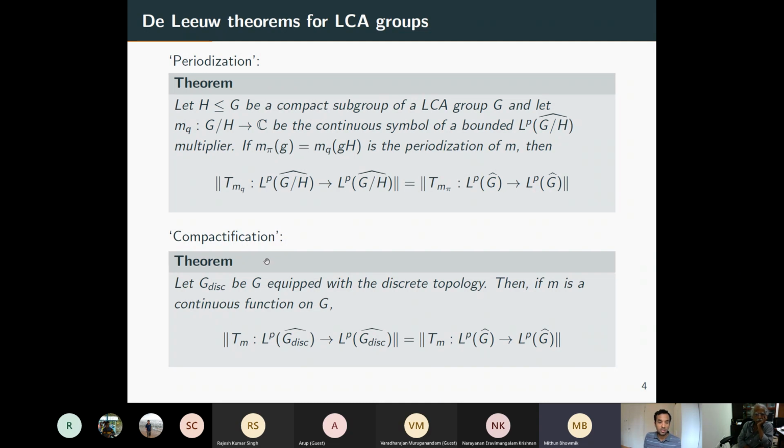And it's called the compactification result, because if you have a discrete abelian group, then its dual group is going to be compact.